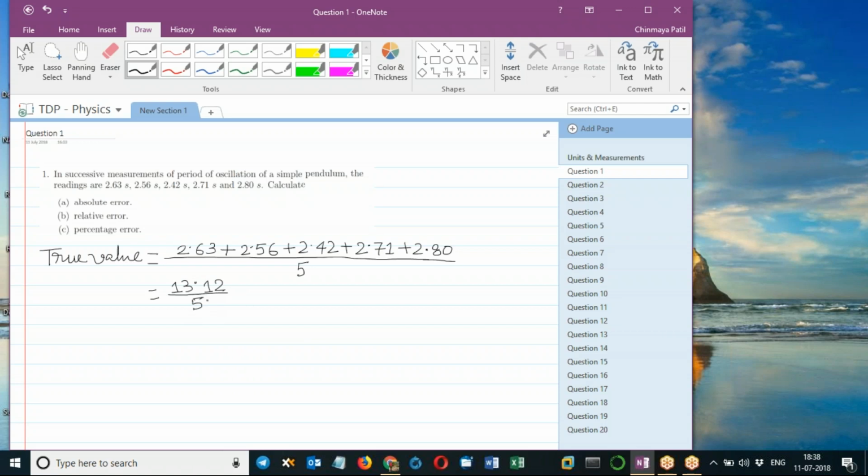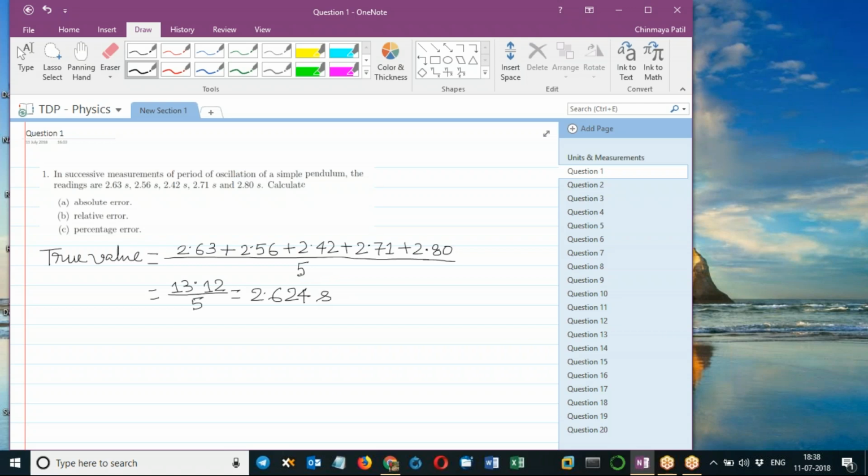Now 13.12 divided by 5 gives a result of 2.624 seconds. Now this 2.624 seconds has to be rounded to 2 decimal places.